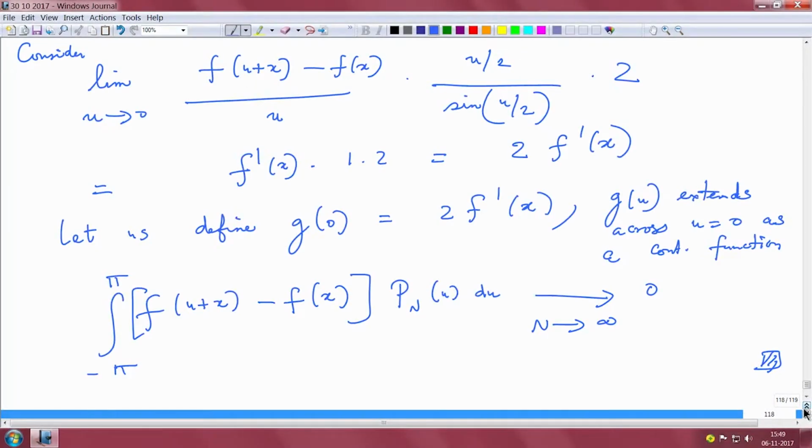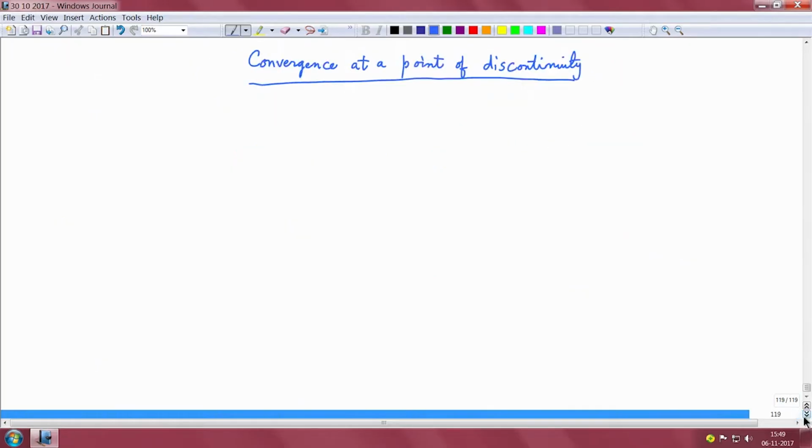If you set g of 0 to 2 times f dash of x, then we can extend this function g of u across u equals 0 as a continuous function, and this is a very important step to show that there is convergence.